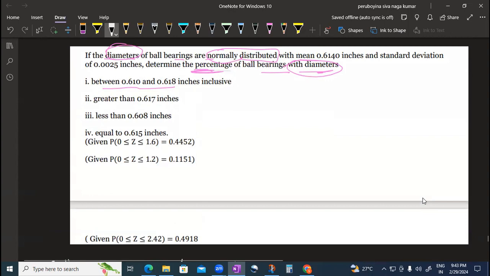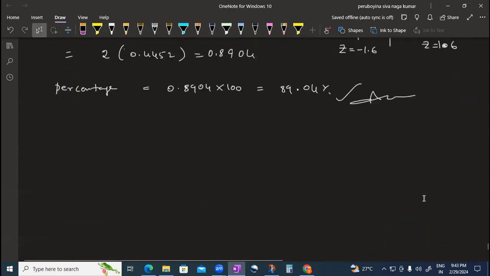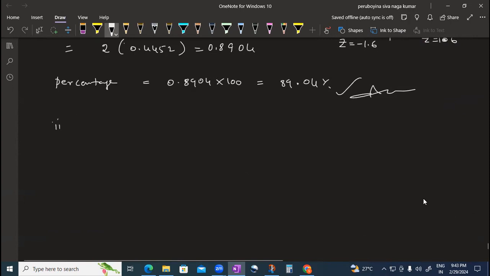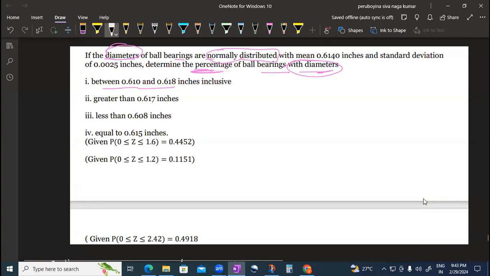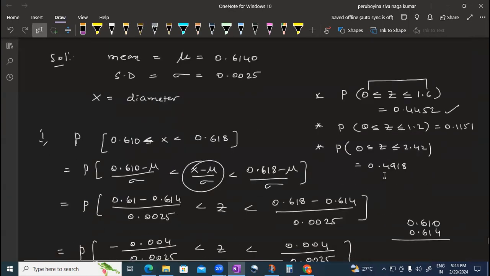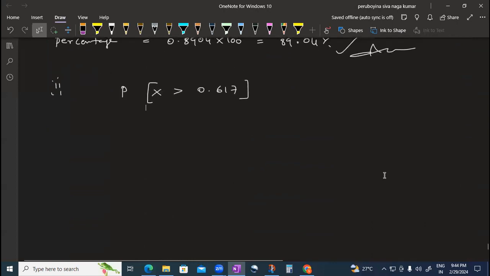And the second one: x is greater than 0.617. Second question. So we will do the same.